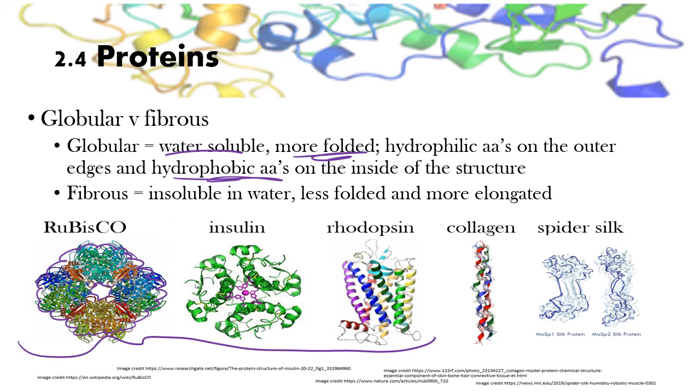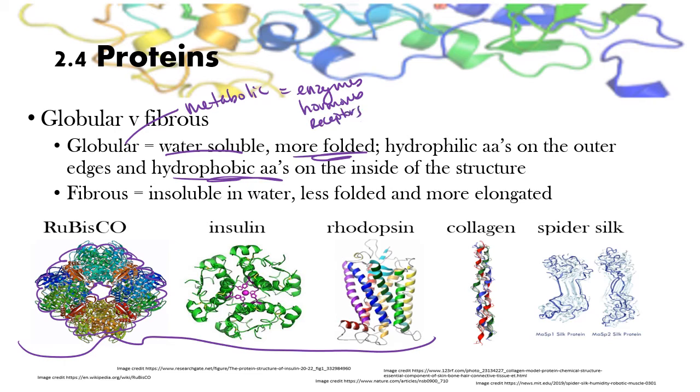These tend to be more metabolic in function. They're often enzymes. Rubisco is an enzyme, or they might be hormones like insulin. And rhodopsin is a sensory receptor molecule that notices color in our eyeballs.